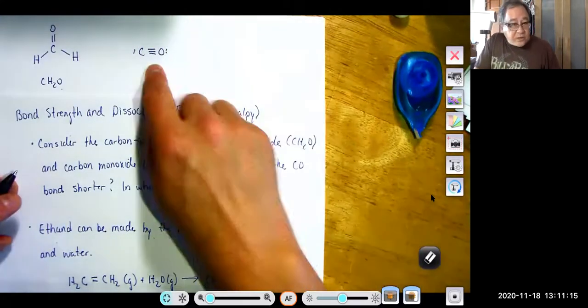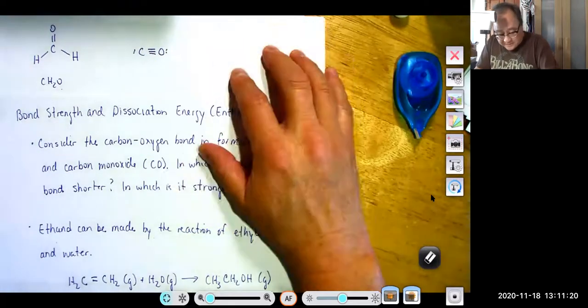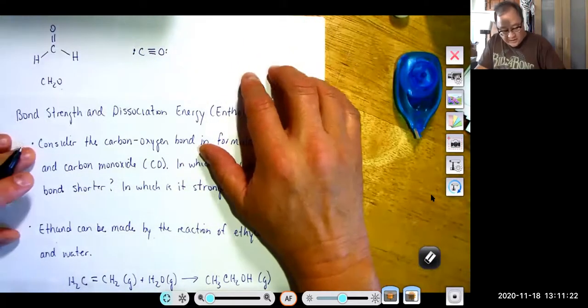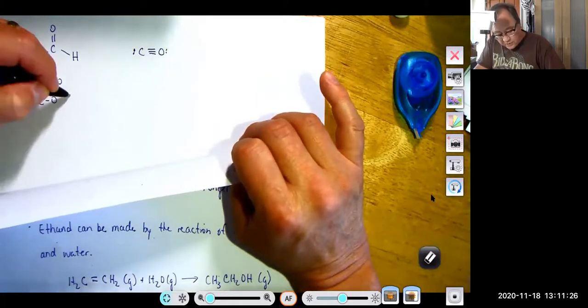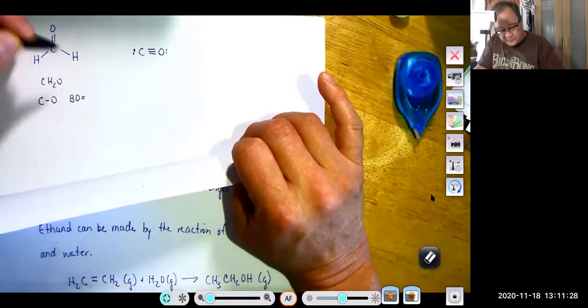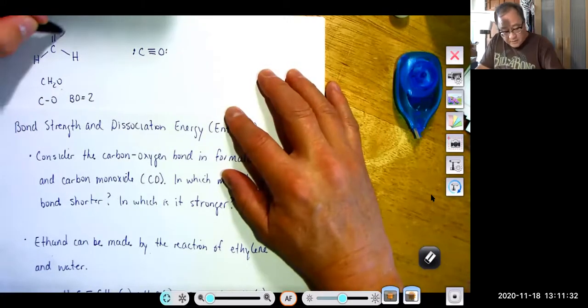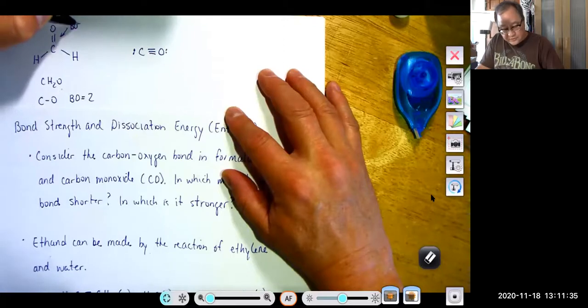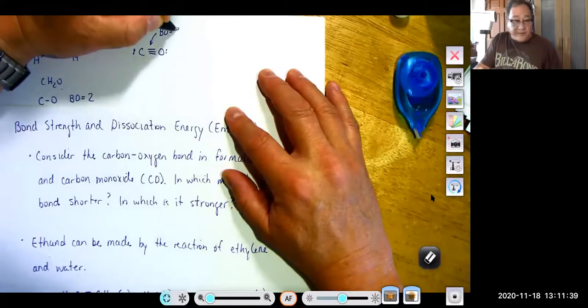So here's a real weird one because carbon only has 3 bonds, but it still has an octet. Okay, so here, the carbon-oxygen bond order is equal to 2. So when you have a double bond, the bond order is 2. When you have a triple bond, the bond order is 3.